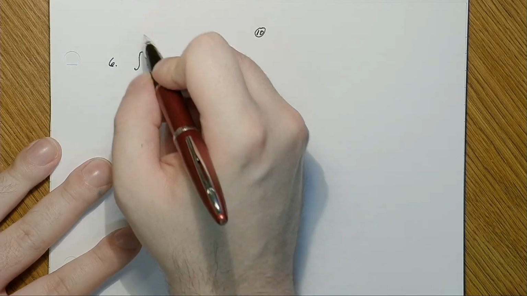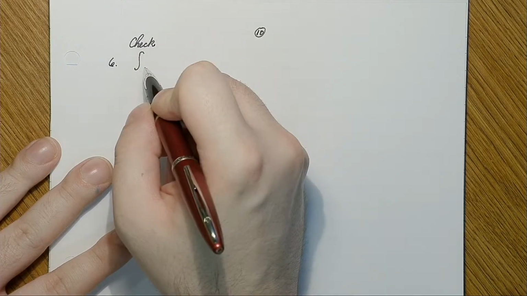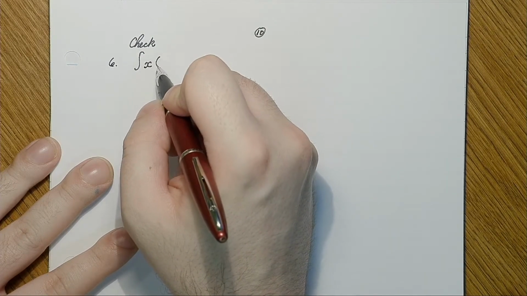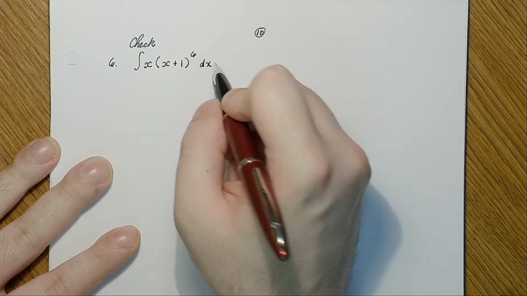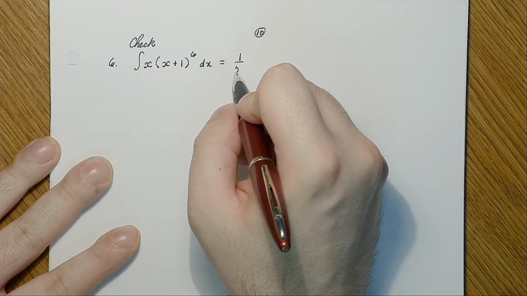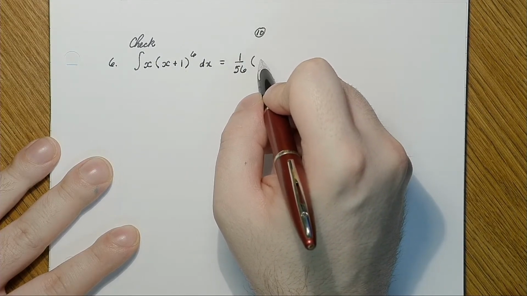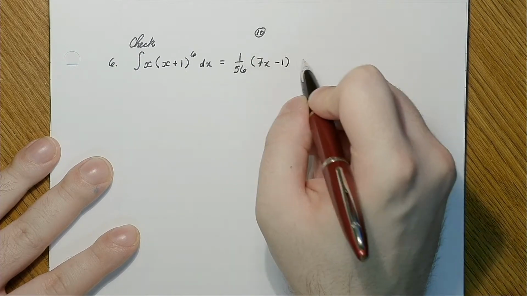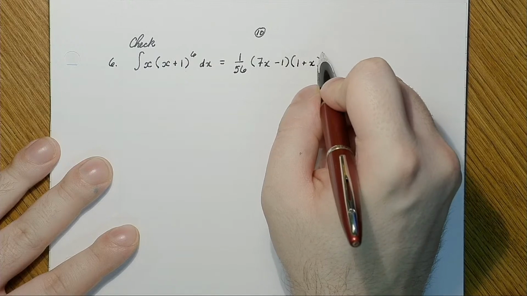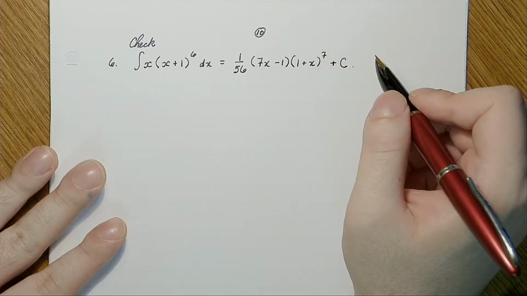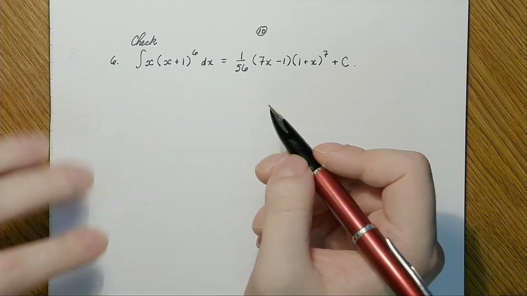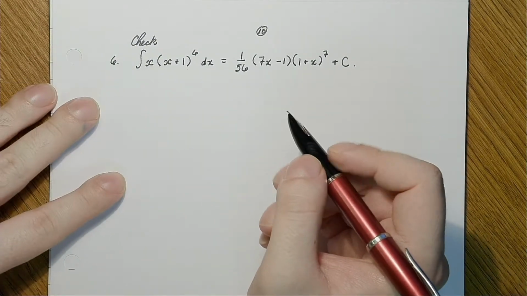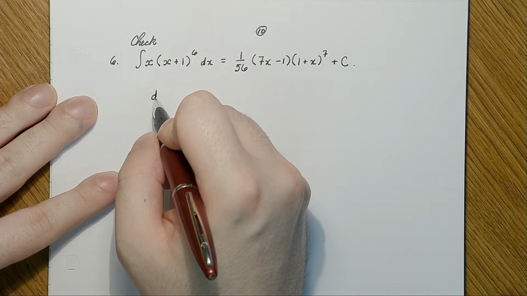We're asked to check the formula: the integral of x times 1 plus x to the 6th dx is equal to 1/56 times 7x minus 1 times 1 plus x to the 7th plus c. So again, to check this, we'll have to differentiate that.